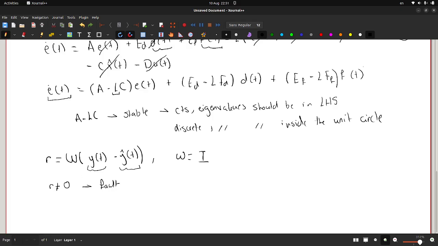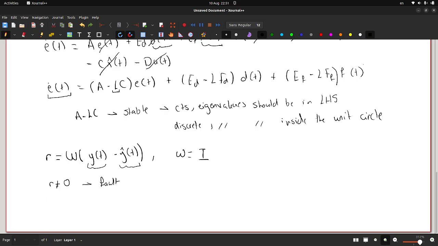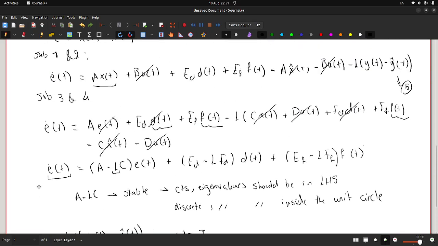Let us see the dynamics of the residual by substituting y of t and y hat of t.